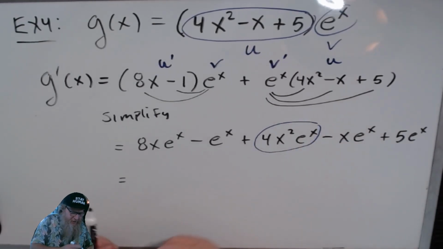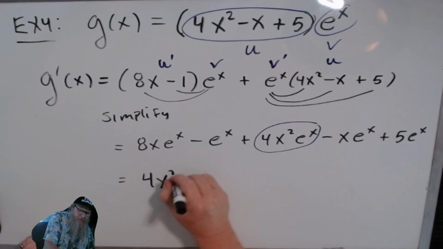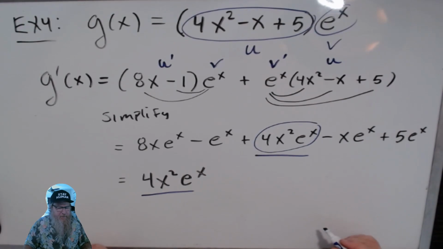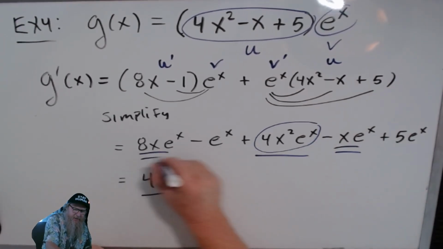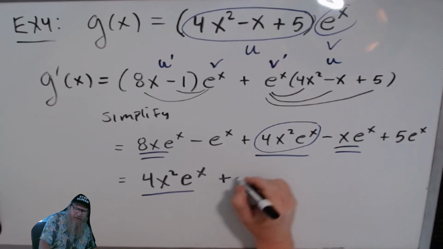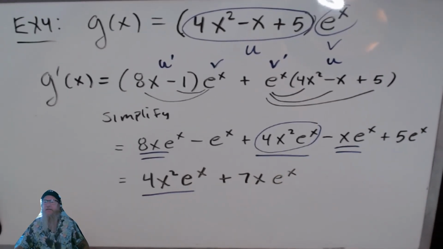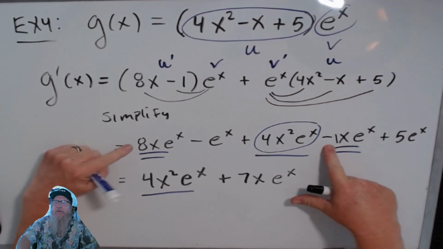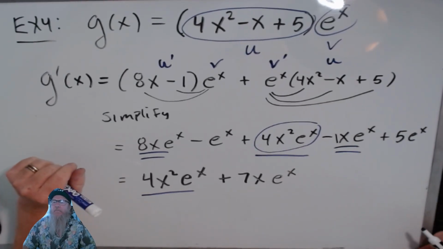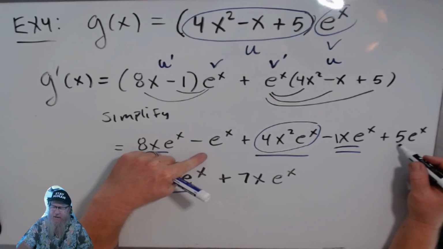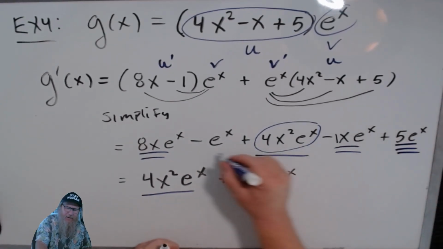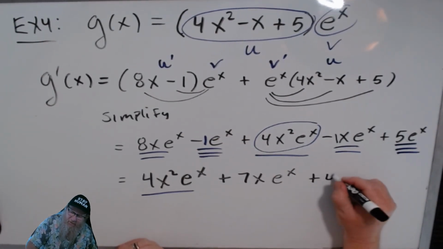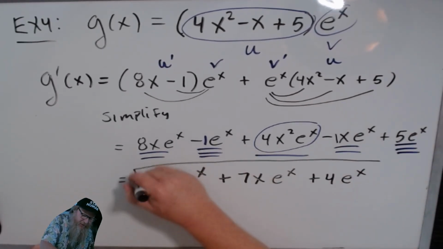So we'll put this one first, and this one second. So that'll be 7x e to the x. I have an 8, and an invisible negative 1, so 8 and negative 1 is going to give me 7. And then here I've got a 5 and again an invisible negative 1, so that's going to give me 4. And there's your answer.